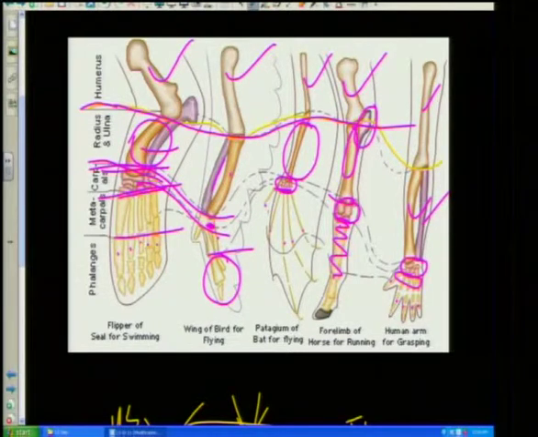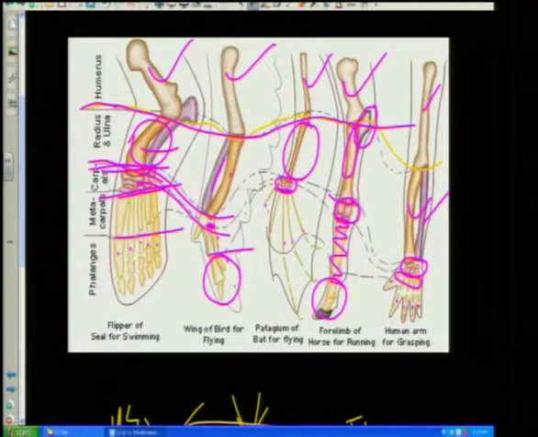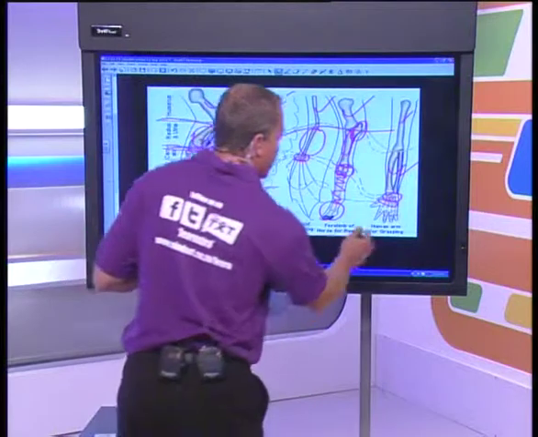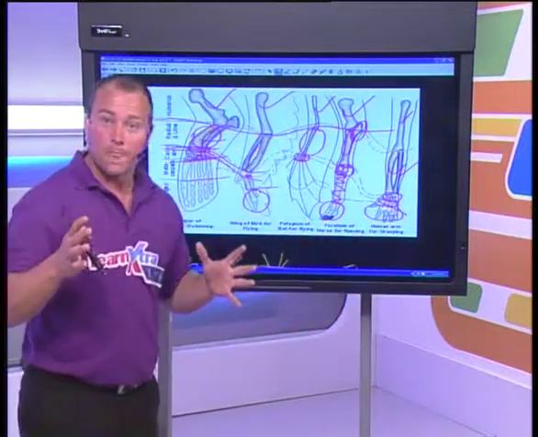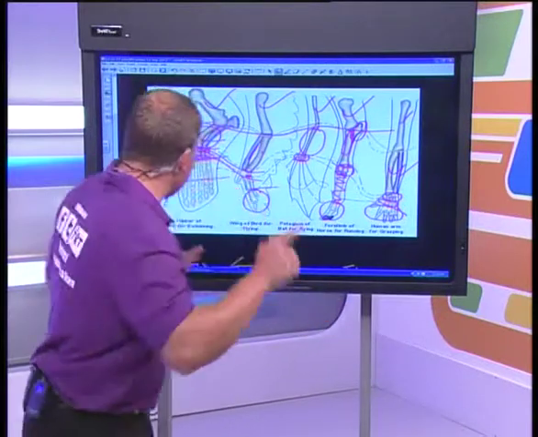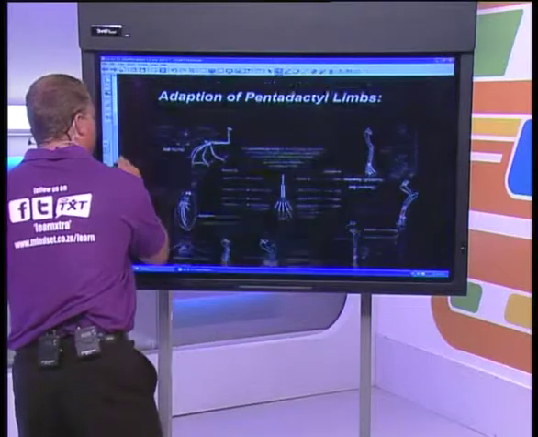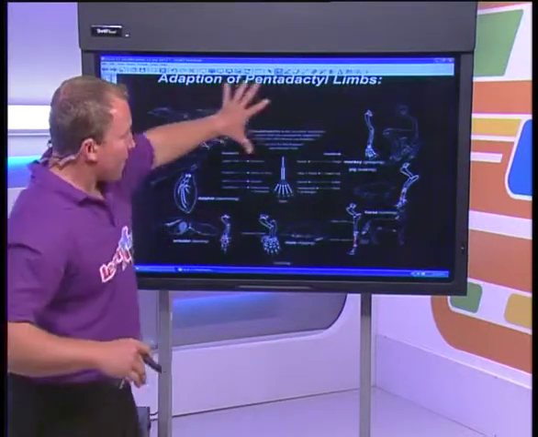Okay. Look at the horse. How many does he have? There it is. He's got 1. I'm going to tell you something nice about a horse later on. And then, of course, the human, we have 5. Okay. Now, everything is adapted for a specific function. Okay. Let me see what's next. And if it comes in with our story, you'll understand what I'm going to.